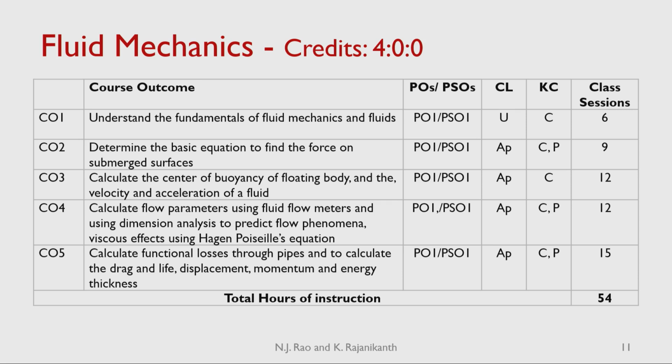The cognitive level is understand, the knowledge category is factual, and there are 6 classroom sessions. But if you look at this course, CO5, for example, has 15 classroom sessions devoted to that. Now 15 looks like a very large number, 15 out of a total of 54 sessions. It looks like a very large number.